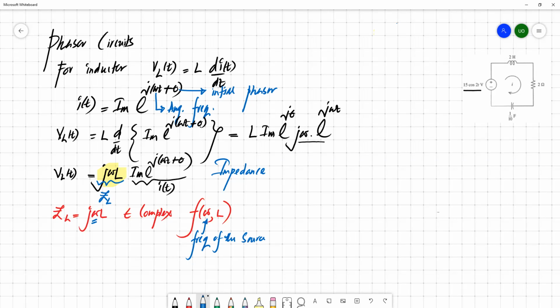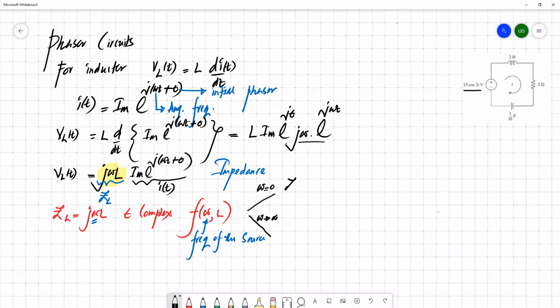So we can ask what happens if omega equals 0 and what happens if omega goes to infinity.